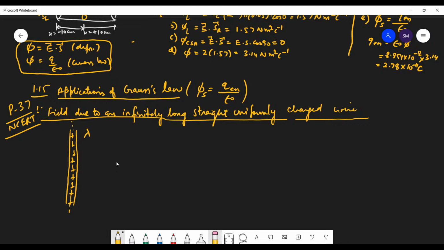So look at figure 1.29a. Suppose we take a radial vector from O to P. So this is point P and this is point O here. And we rotate it around the wire. So take this vector OP, this point P, and rotate it around the wire. So you'll get this surface.